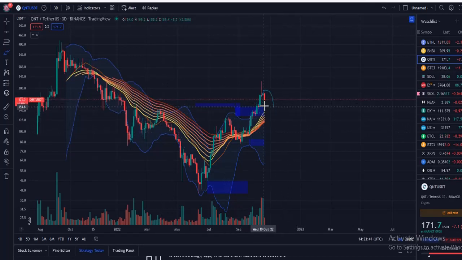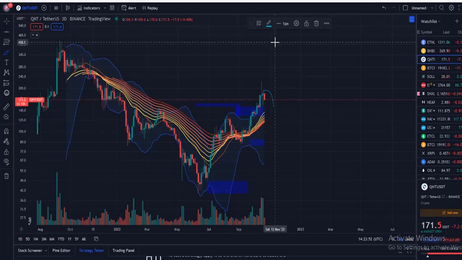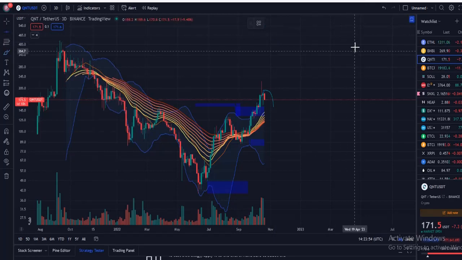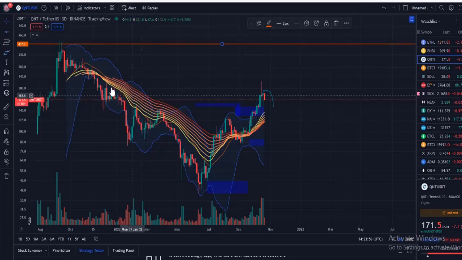So we can see it's just testing the support, and really have a longer way. Probably we should be looking at all-time highs by the end of October for Quant according to this chart, right? Because every single time the 3 days EMA ribbons have flipped, we could see a huge change in price.